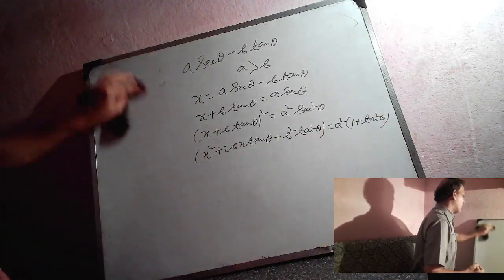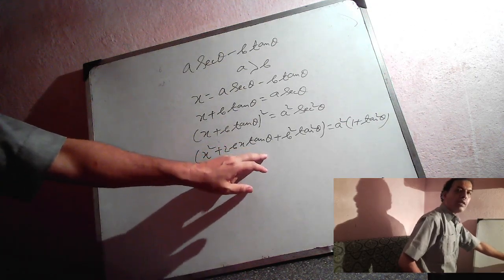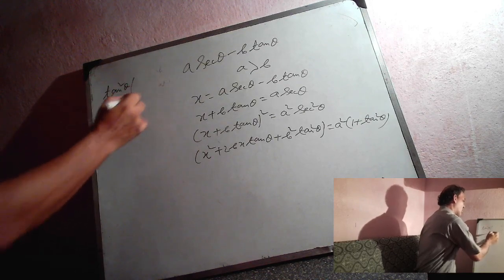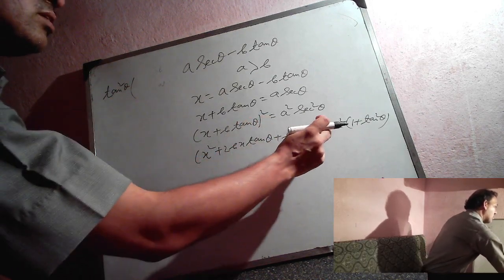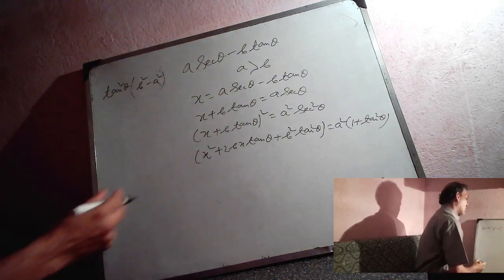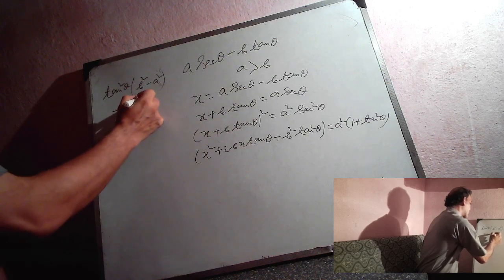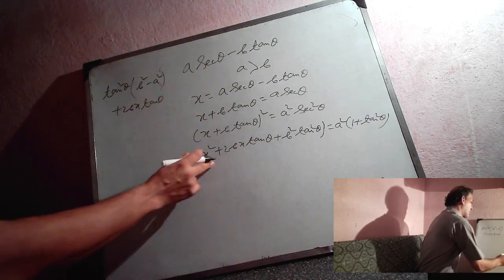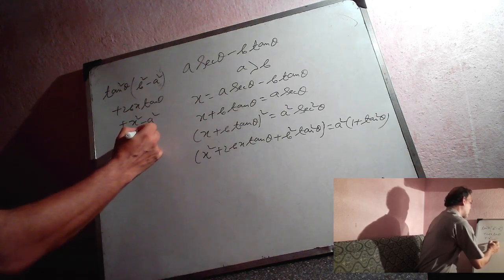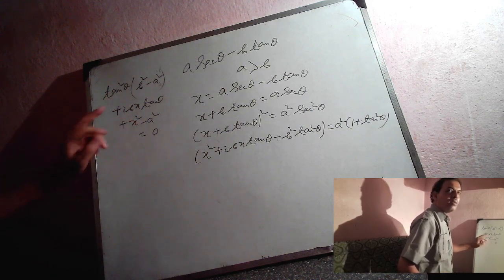Rearrange the terms and write it as a quadratic in tan theta: b square minus a square, times tan square theta, plus 2bx tan theta, plus x square minus a square, equals 0. Now this is quadratic in tan theta.